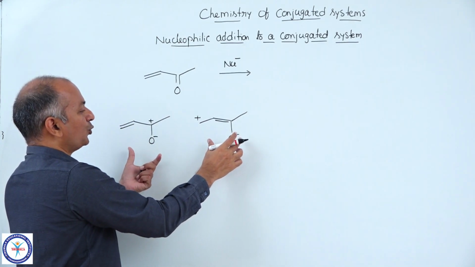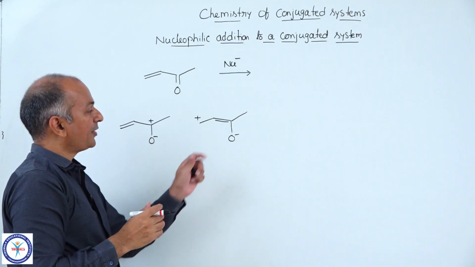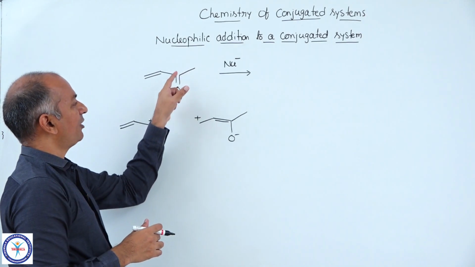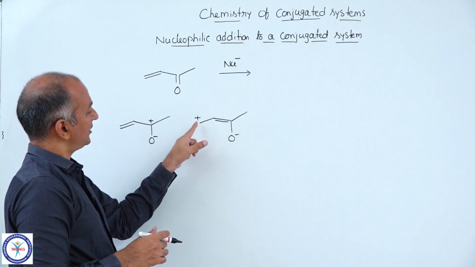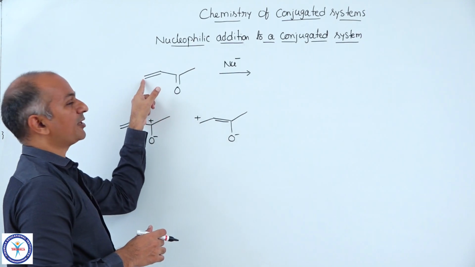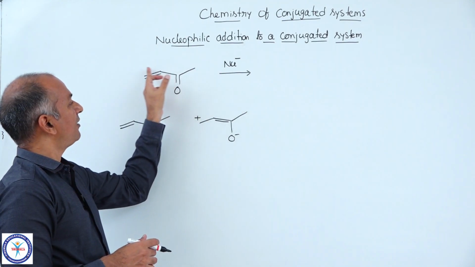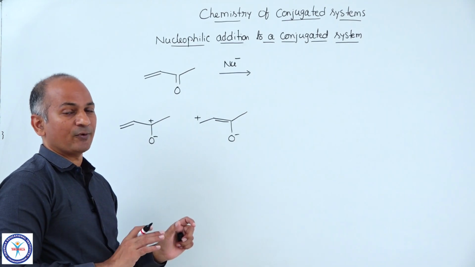So these are the two contributing structures to this particular compound. And you see here we have plus charge. So obviously on this carbon we have partial positive charge. And here also we have plus charge, and as a result on this carbon also we have partial positive charge. So the nucleophile can attack either of these two carbons. One is C2, another one is C4.